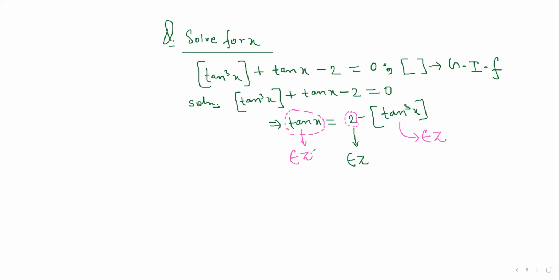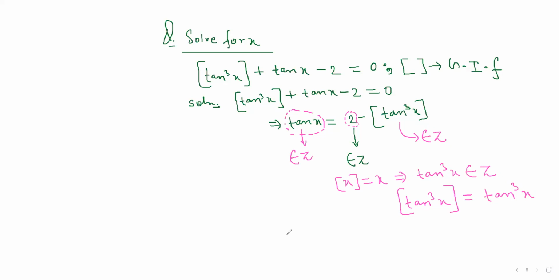Okay. So from here we can say that the greatest integer of x is simply x. Means, sir, tan cube x belongs to integer. So the greatest integer function of tan cube x is always equal to tan cube x.